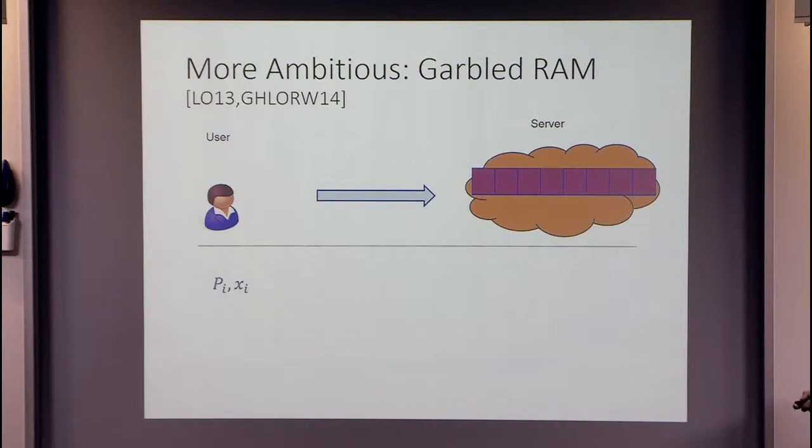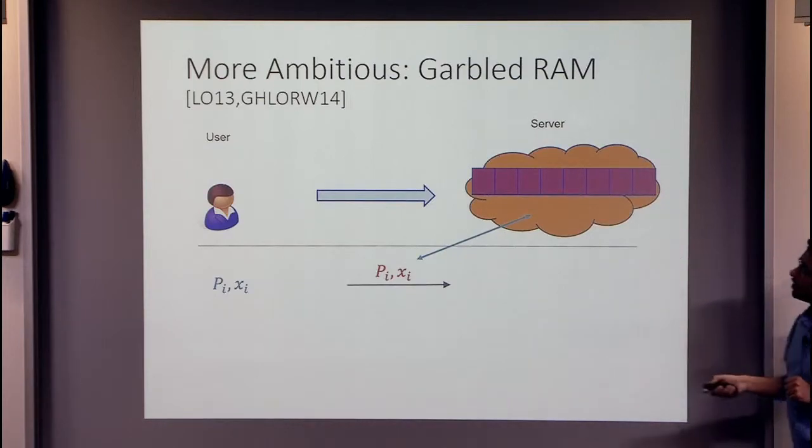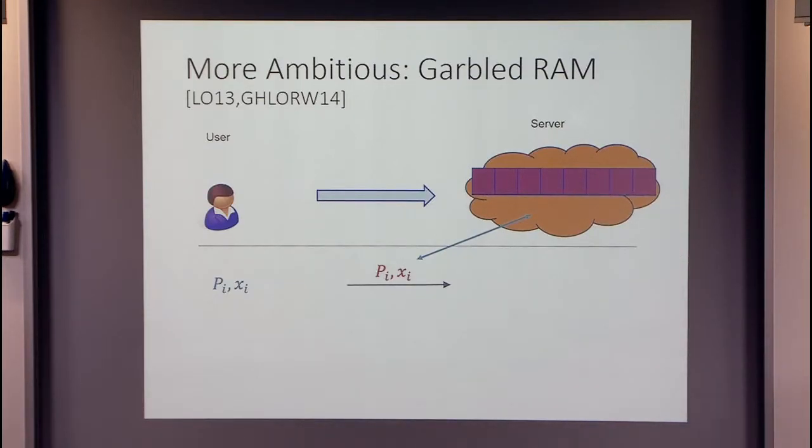And at this point, the user has a sequence of programs. So let's say first program P_i with an input X_i, that he would like to run on this encrypted database that now rests with the server. So when he runs this program on this database with this input, he should learn the output P_i(X_i), depending on what this database is.